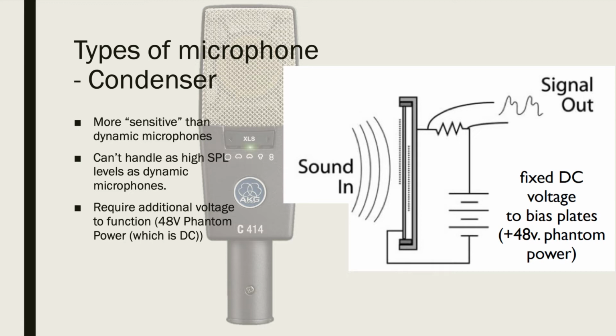If you were to drop a condenser microphone, chances are it'll still be okay, but try not to. You won't see many of these in live situations, because if they're getting kicked around a stage, they can't really handle that too well. They're not as durable as a dynamic microphone might be.